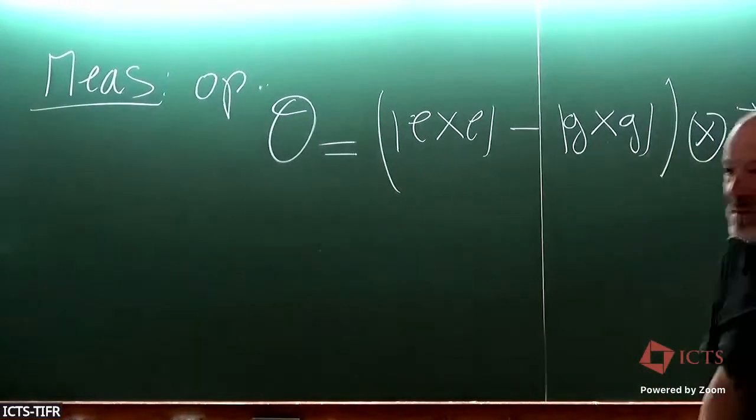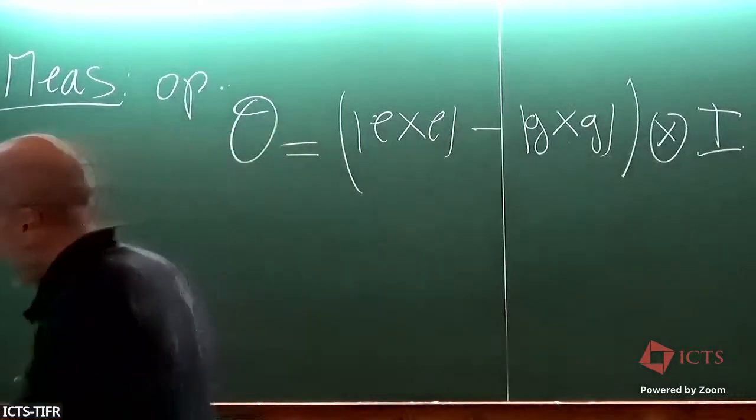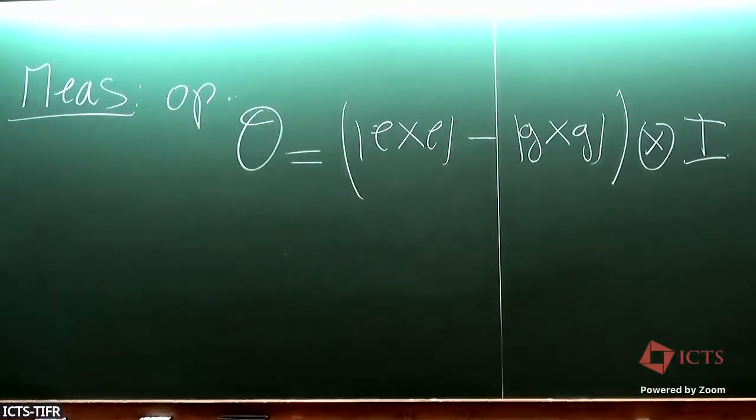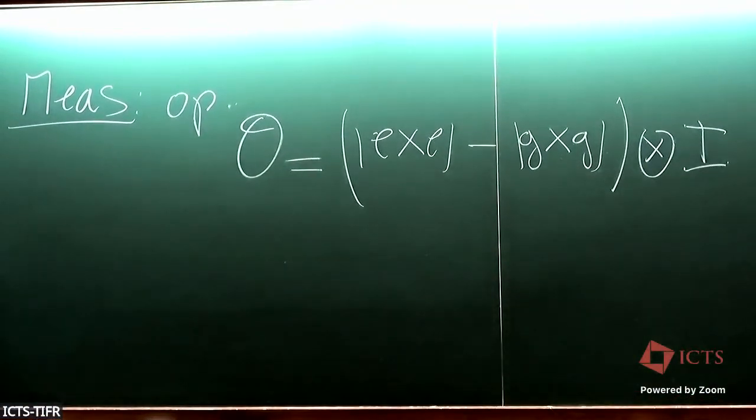Which means that if I detect G, I only conserve this part, this branch. If I detect E, I only conserve this part, this branch.